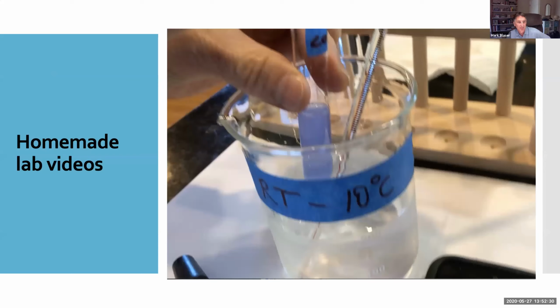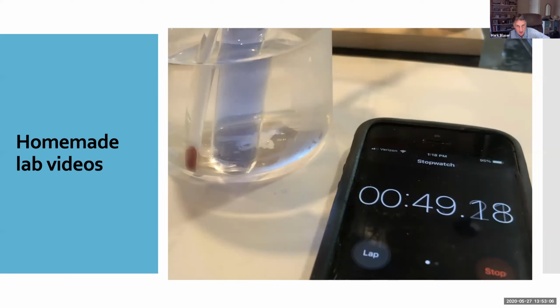Okay. So the last one I'm going to mention is actually what I think most colleagues that I've talked to have done, at least in this sudden response, is homemade lab videos. So this one, I got the appropriate chemicals from our stockroom, and on our kitchen counter, we did a solvolysis reaction of tert-butyl chloride, and students were determining activation energy from determining reaction speed at some different temperatures.